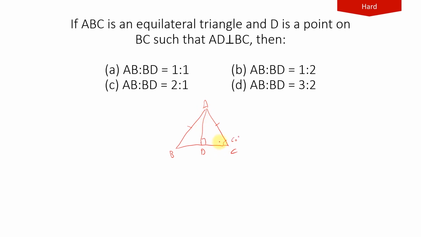Now in an equilateral triangle, since all the three sides are equal, a perpendicular from one vertex to the other side is also the perpendicular bisector. It is also the angle bisector and it is also the median. So it is a special property of an equilateral triangle that the median, angle bisector, perpendicular and the perpendicular bisector, all four are the same.